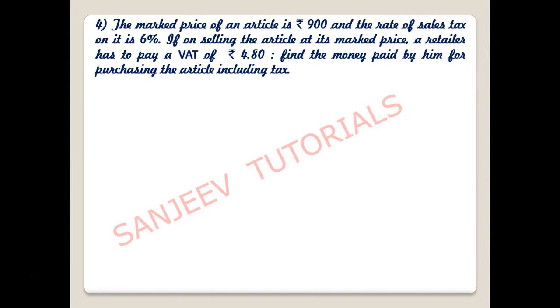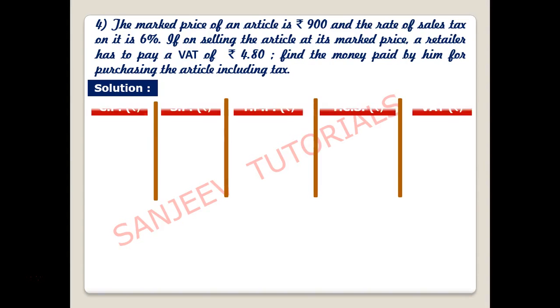Now this sum is identical to question number 3, where selling price is known, VAT is given to us, and we are supposed to calculate cost price. So again I prepare a table comprising 5 columns and I start doing my entries in the respective columns.